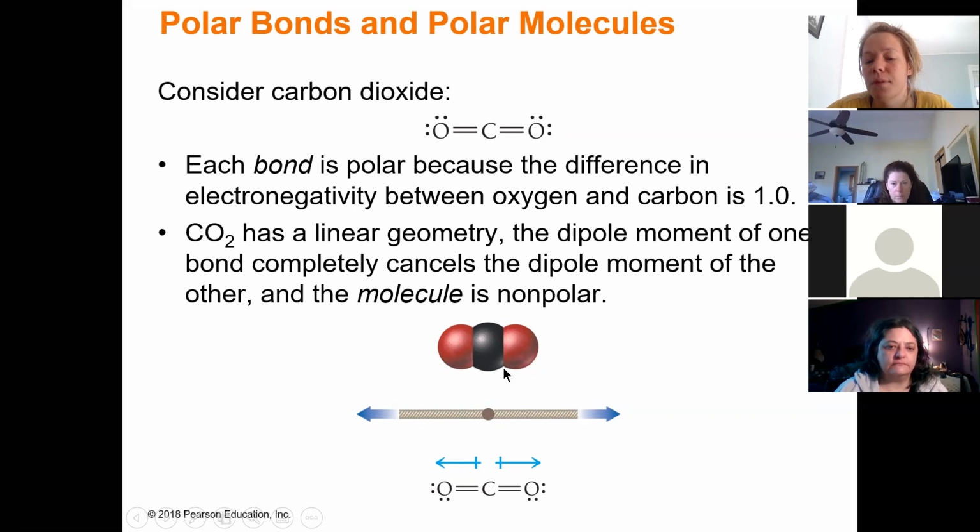Sometimes they draw which direction the electron is going as a vector or a line. If those vectors are equal and opposite to each other, the whole molecule is non-polar. So this would be considered a non-polar molecule. The bond between the adjacent atoms is polar, but the whole molecule is non-polar.